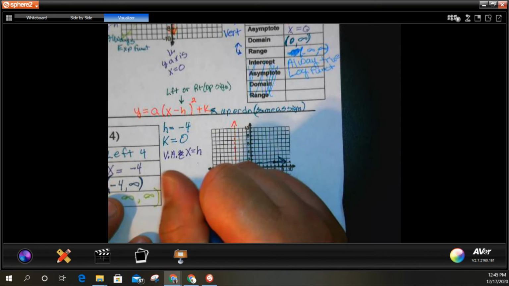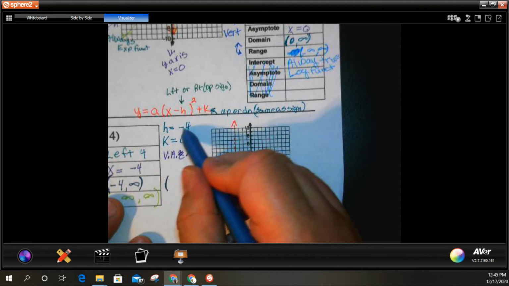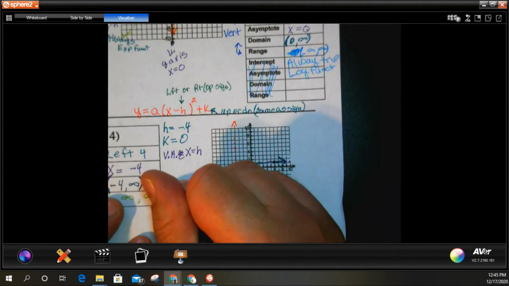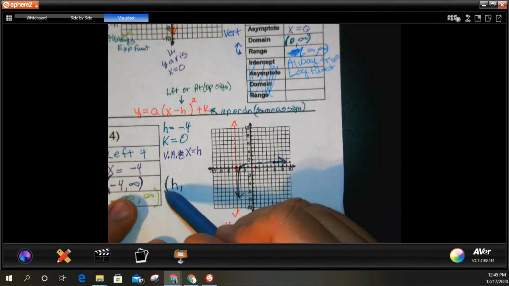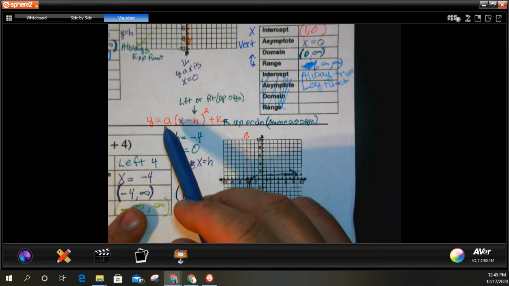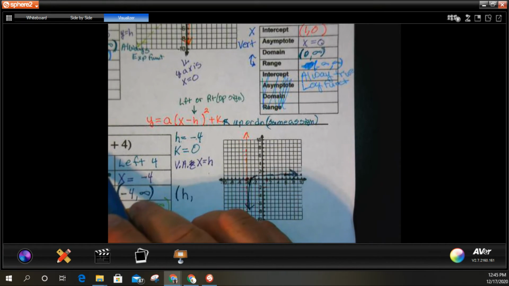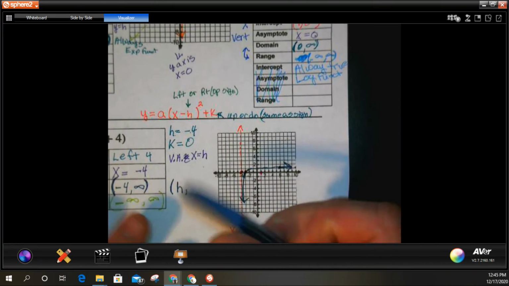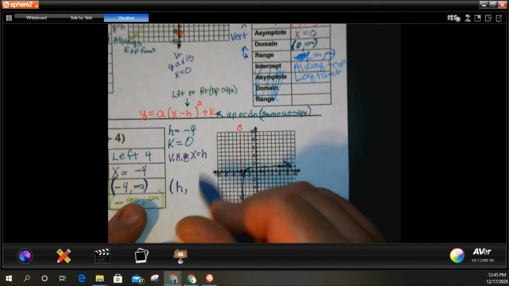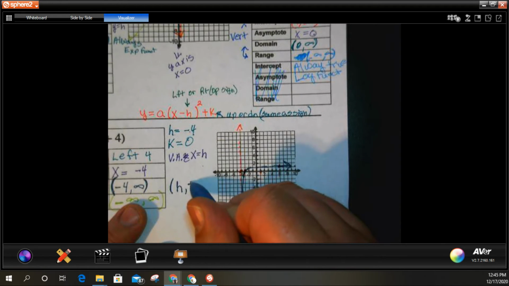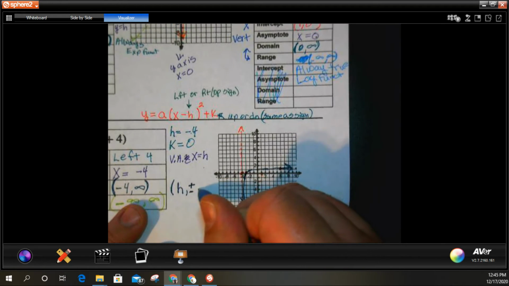And now we've got to be careful because this a can be a -1 and not just a +1. And this problem is +1. That's why we don't see anything here. If it's -1, this could be negative infinity. So it's either going to be positive infinity or negative infinity for my domain for all log functions.